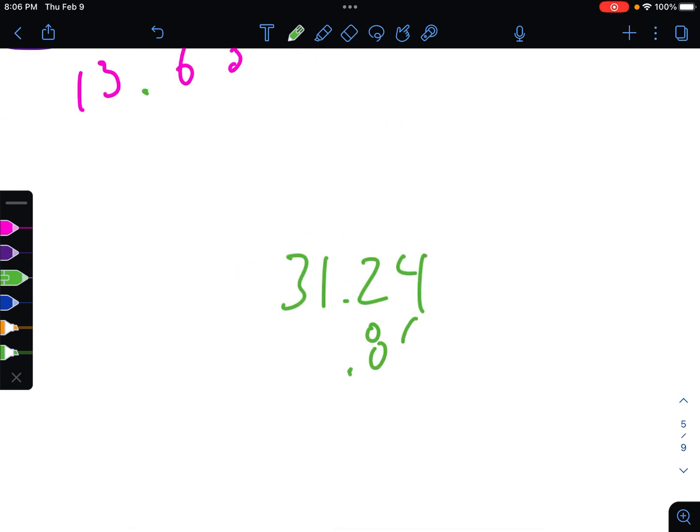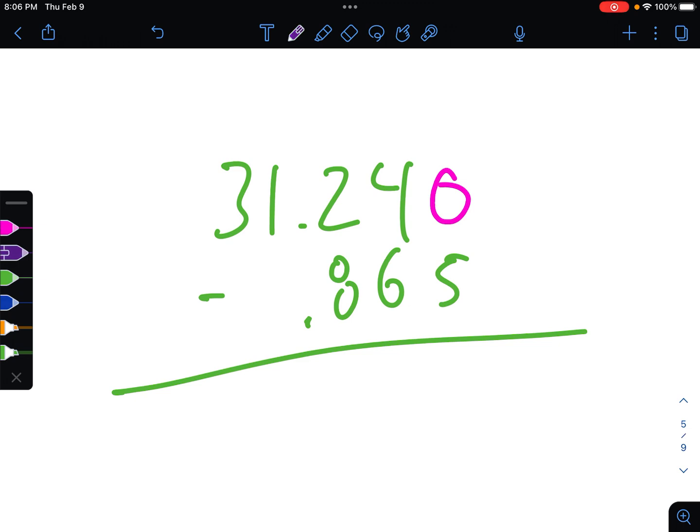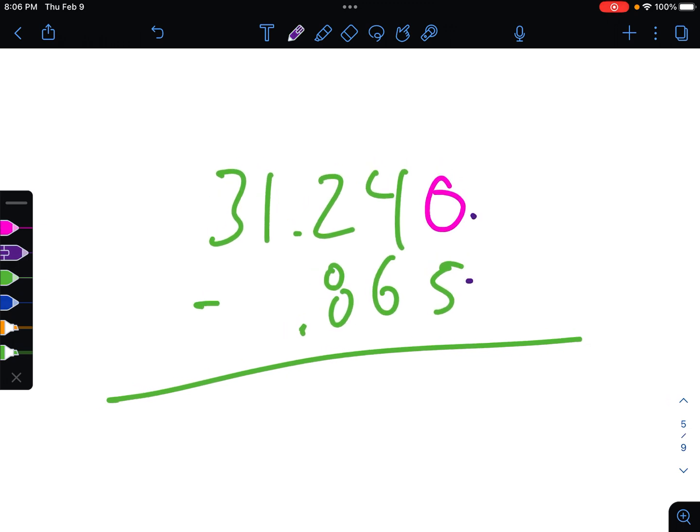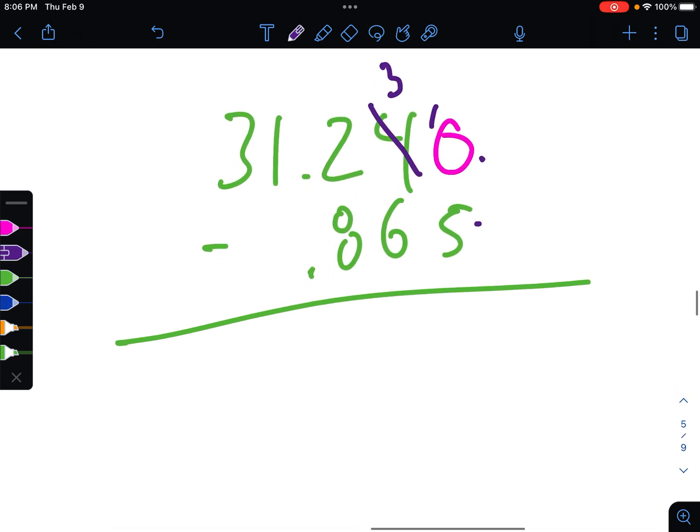8, 6, 5. Subtraction. Gonna use 0 as a placeholder. And looks like, folks, I gotta do some borrowing. 0 minus 5, can't do it. So the 4 becomes a 3. 0 becomes a 10. 10 minus 5 is 5. 3 minus 6, nope. 2 becomes a 1.